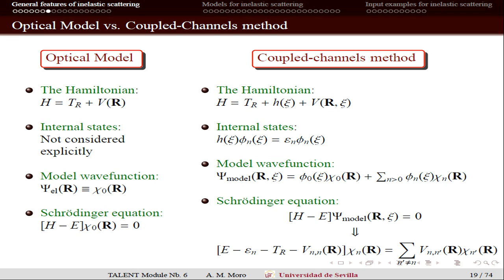I didn't say it before, but it is obvious that these equations cannot be solved one by one because they are coupled. The solution of the n-th chi function will depend on the rest of the solutions. So this is a set of coupled differential equations.